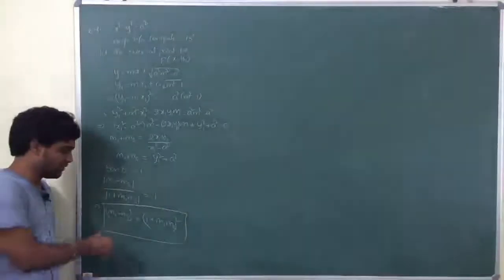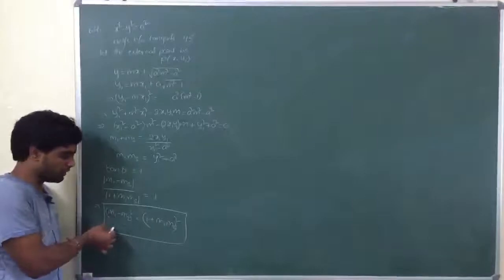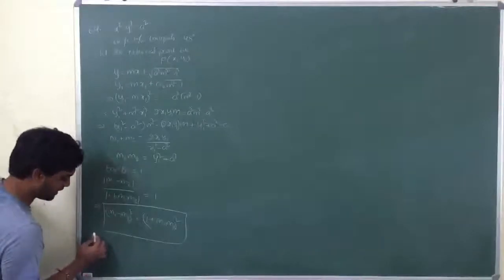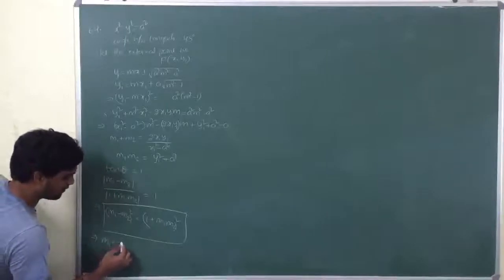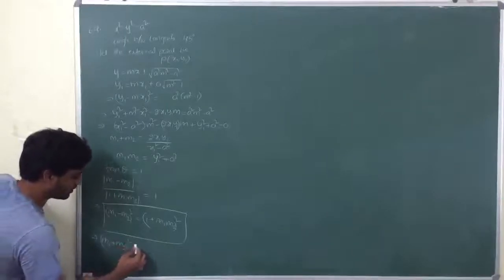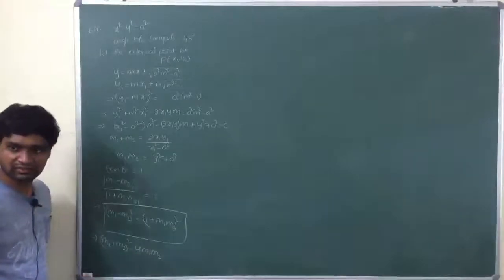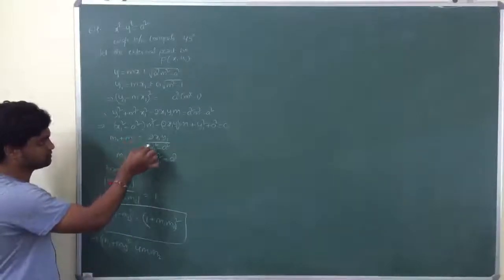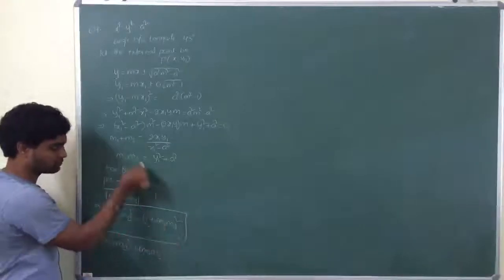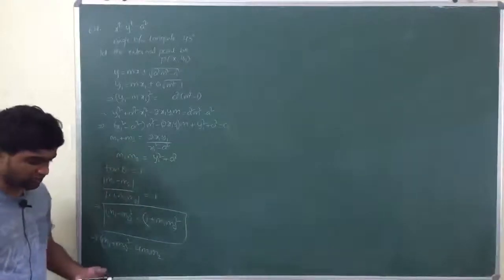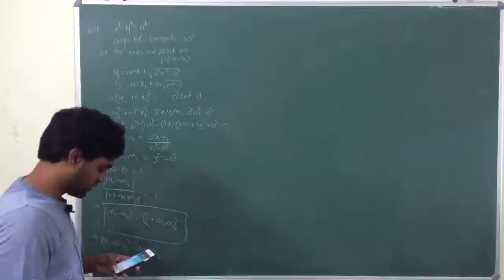We can write (m1 minus m2) whole square as (m1 plus m2) whole square minus 4 m1 m2. You know m1 plus m2, m1 into m2 also you know. Just substitute the values and you will get the locus equation. Next one.